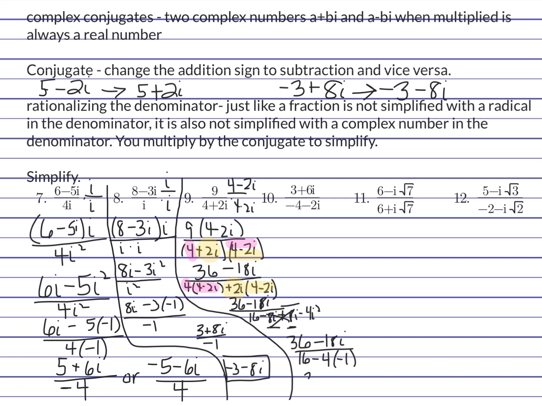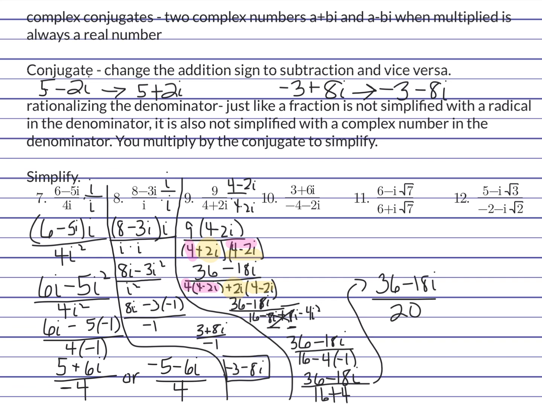And then I'd have 36 minus 18i over 16 plus 4. So that would be 36 minus 18i divided by 20.